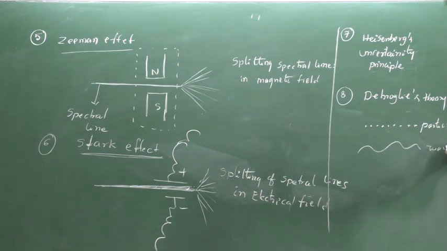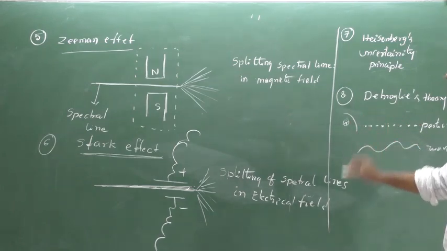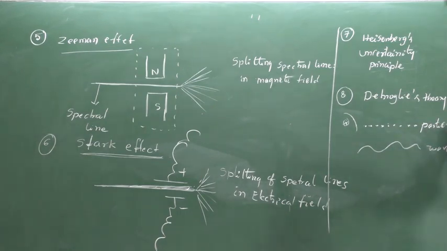This is wave nature. But according to Bohr's theory, it is considered as a particle. Electrons revolve around the nucleus, which means it is considered as a particle. So according to de Broglie's theory, the electron has dual nature, both particle nature and wave nature.